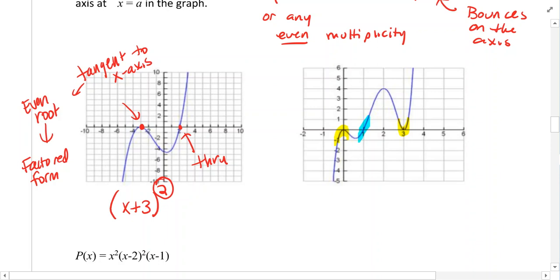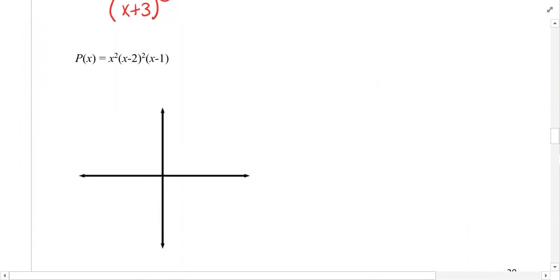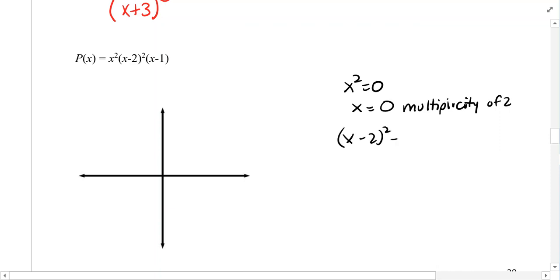it is. Okay? So when we take a look at this one, when we write our zeros here, x squared is equal to 0, that's going to give me x equals 0 with a multiplicity of 2. So we want to make sure we indicate those multiplicities. X minus 2 quantity squared equals 0.